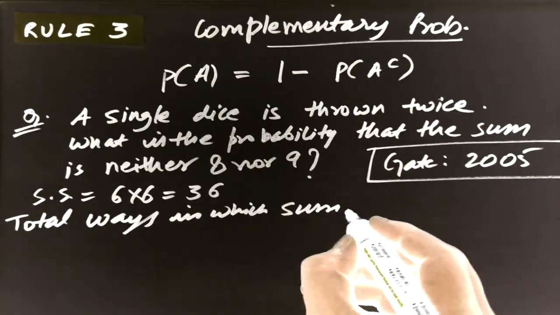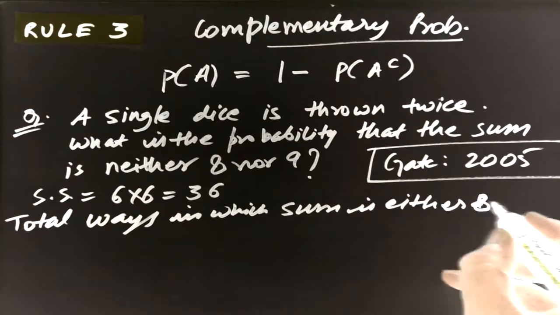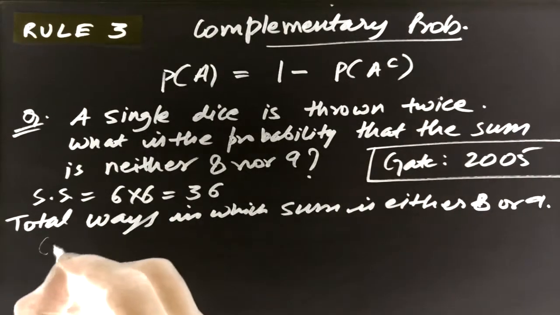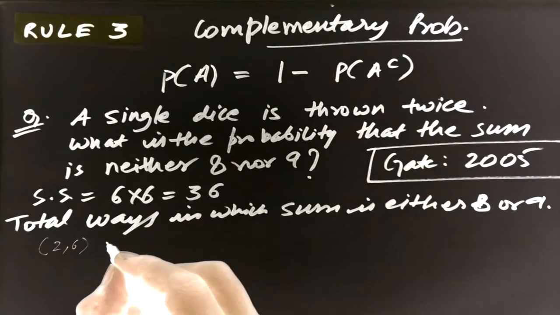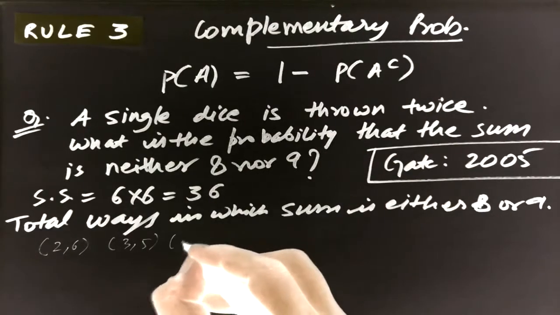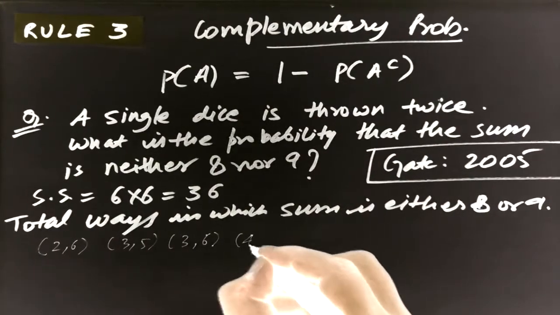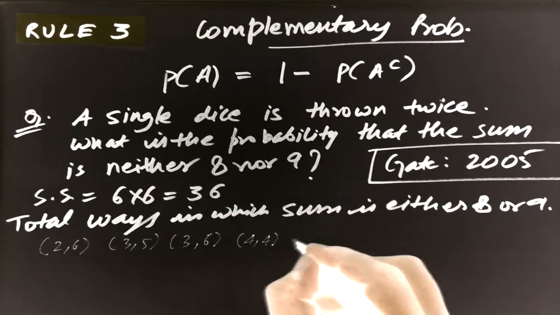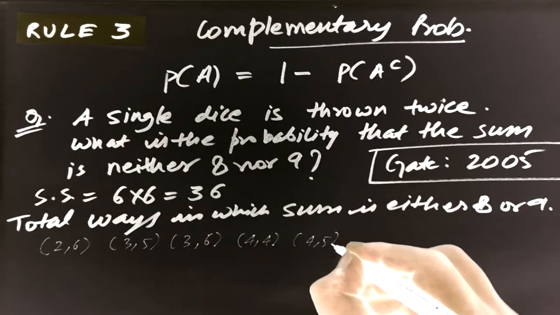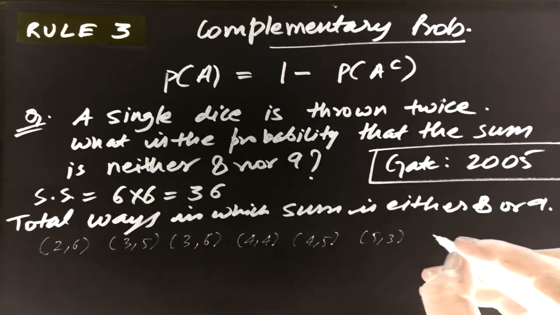Total ways in which sum is either 8 or 9. That's (2,6), (3,5). One is (3,6). One can be (4,4), (4,5). One can be (5,3).